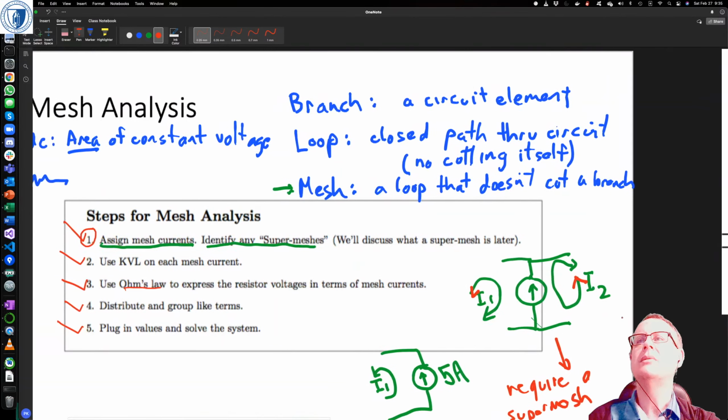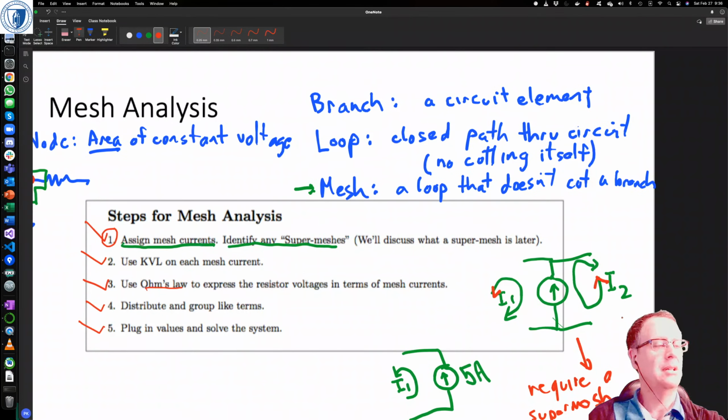Okay, so that's applying KVL on each mesh current. Then we replace all of the voltages with either the number, if it's a voltage source, or the Ohm's law equivalent, which will give us the equations in terms of the things we're after, the currents.